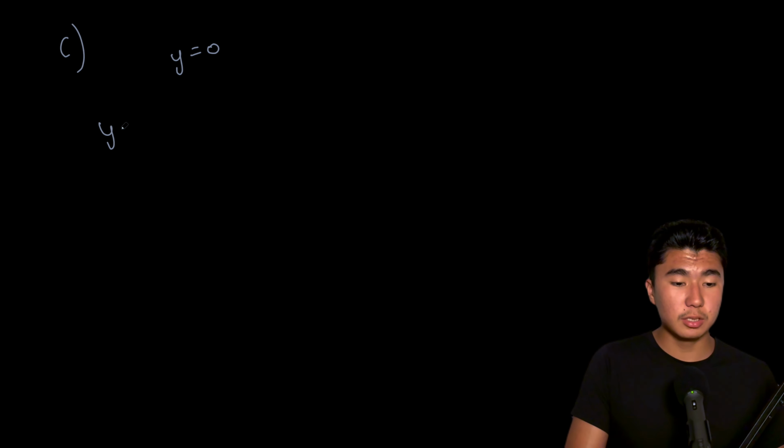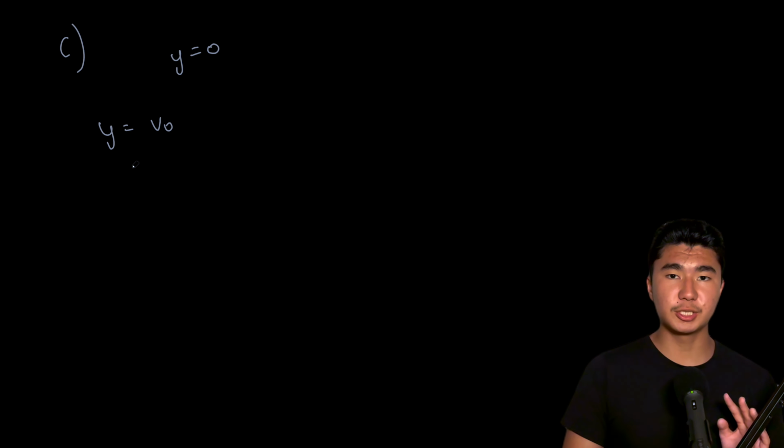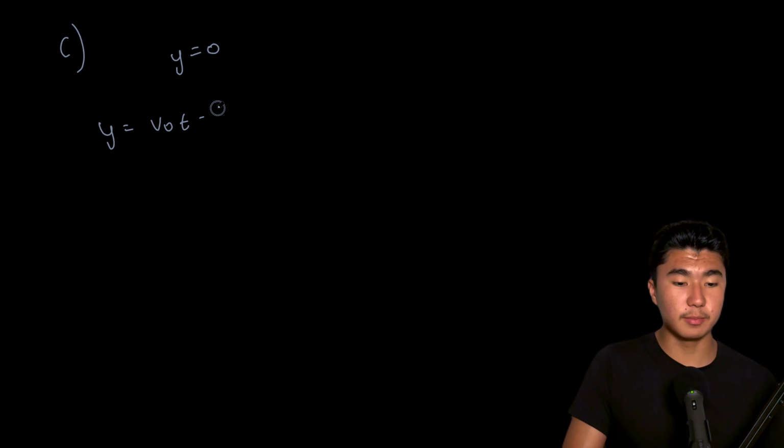So it's going to be using one of our big three equations. I'm just writing off our initial position in the y-axis because we're assuming that's 0. So this is going to be minus 1/2 gt squared, and our y we could just label as 0.